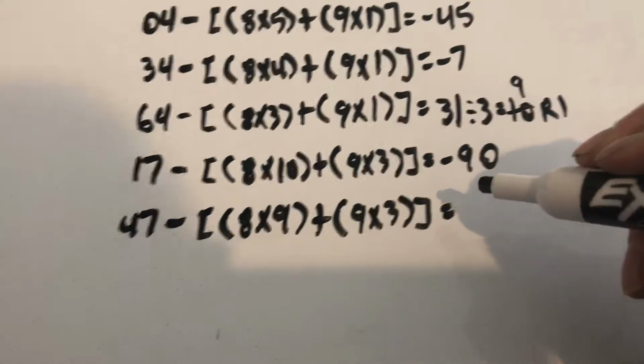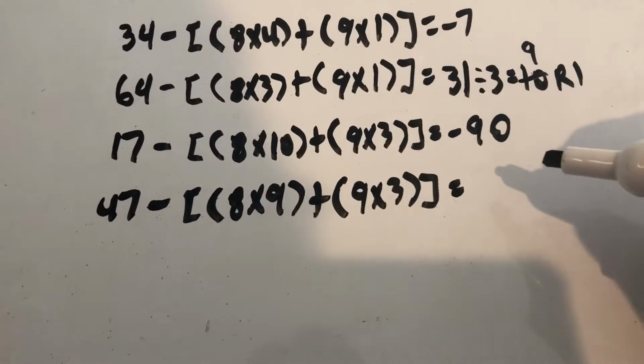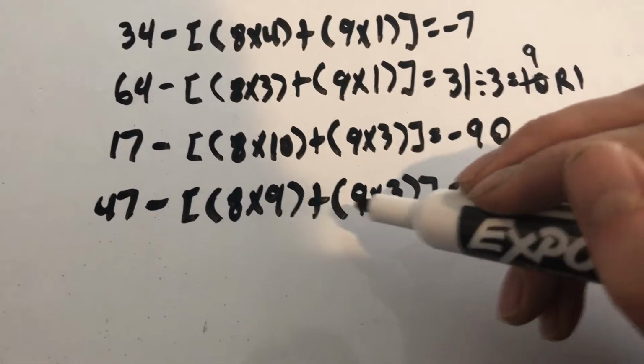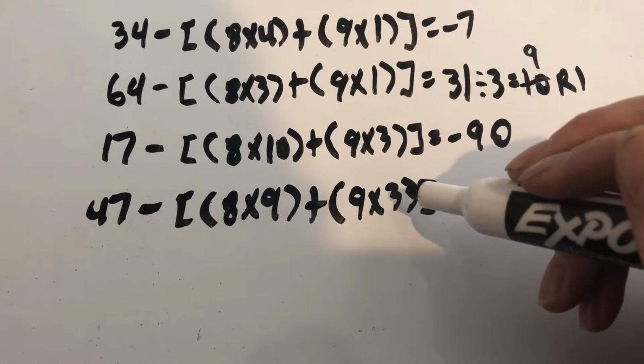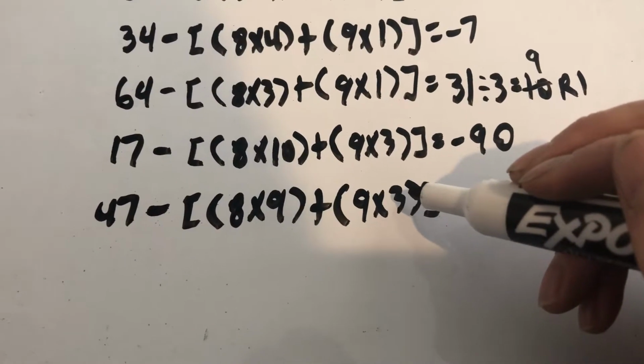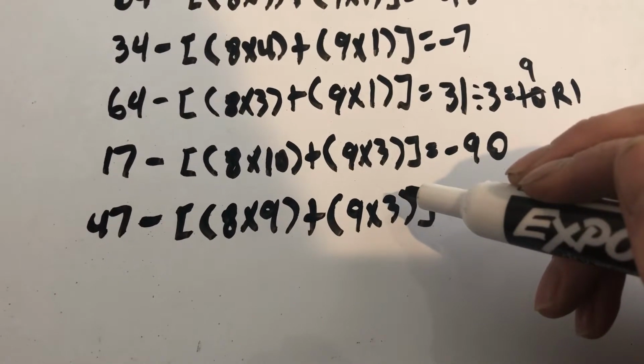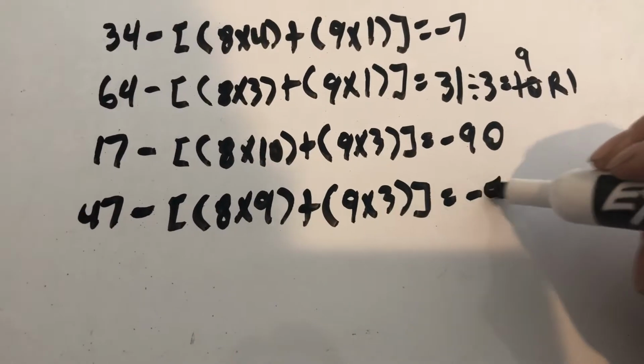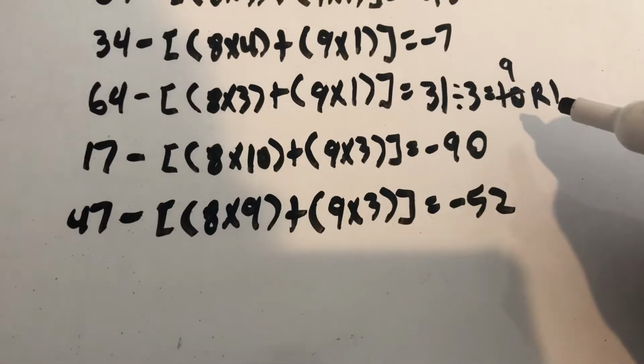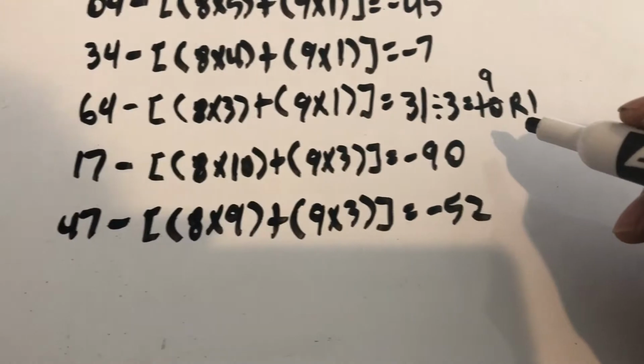Now we can calculate 47 minus 8 times 9 plus 9 times 3, which equals 72, 27, 99 minus 47 equals 52. So negative 52.